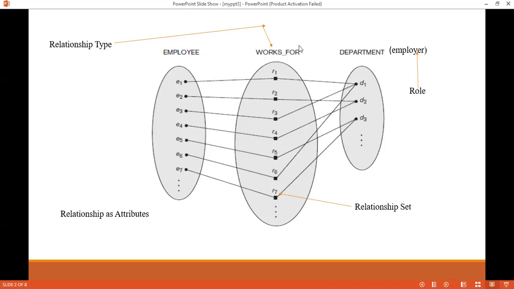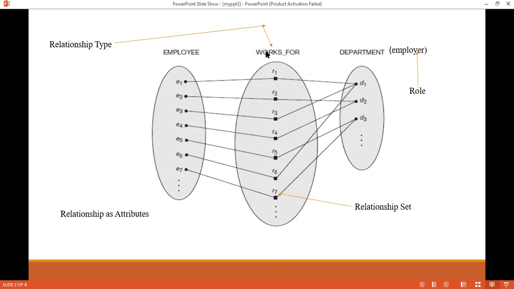Now you have understood what a relationship type is. It is time to understand what is a relationship set. We know what is an entity type. Entity type is employee, whereas entity sets is E1, E2, E3, E4, E5, E6, E7. All these are entity sets. Similarly, this side, department is an entity type. D1, D2, D3, all these are entity set.